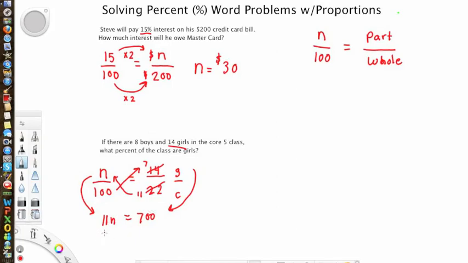I want to isolate the variable. I want to solve for the variable, get it all by itself. So I have to use my inverse operation and divide this side by 11. And what I do to one side, I must do to the other to keep these two sides of the equation equal.